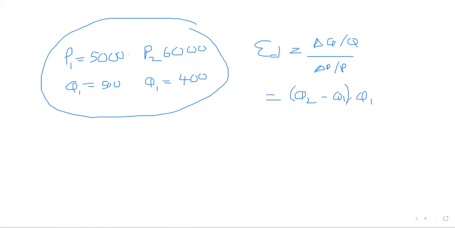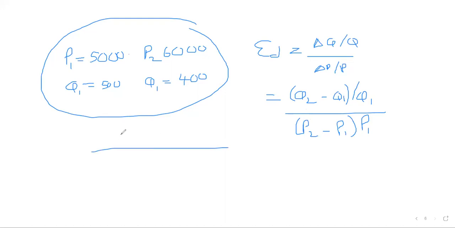Don't forget that these suffixes must be the same. Don't put a 2 there and a 1. Similarly, P2 minus P1 over P1. Don't swap them. If you swap them, you're messed up.